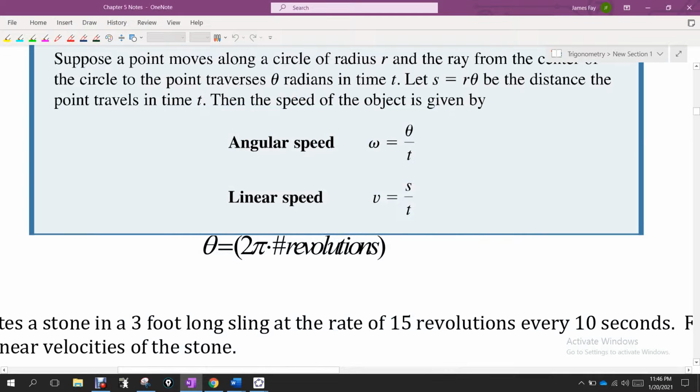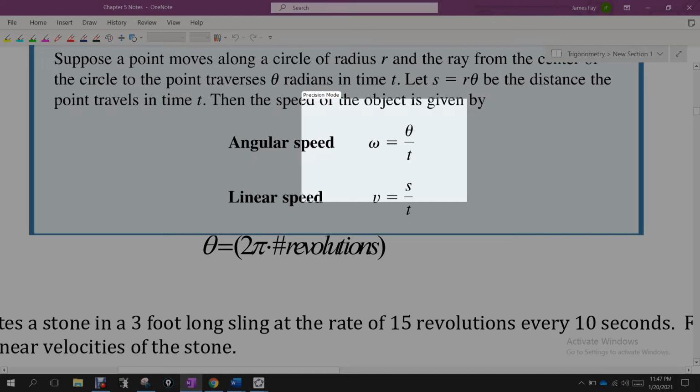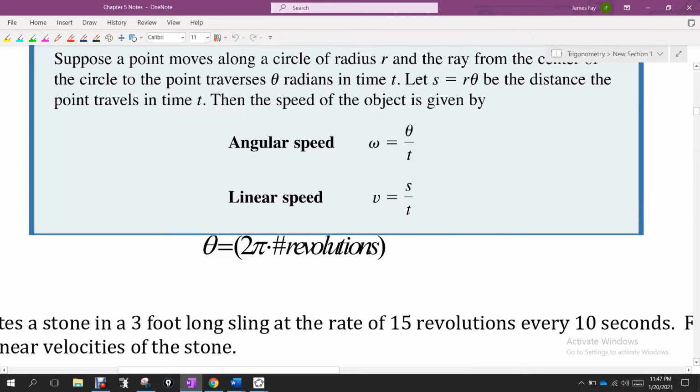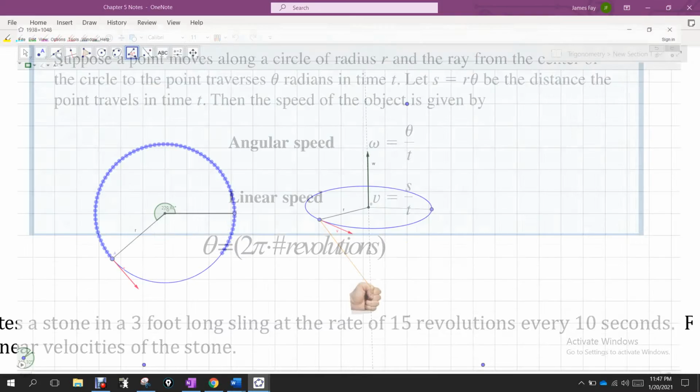Theta is always going to be 2 pi times the number of revolutions. Okay, sometimes that number of revolutions might be multiple, it might be more than one. It could be 2, it could be 3, but it could be just a portion. It doesn't have to be an entire revolution, kind of like this one here was.